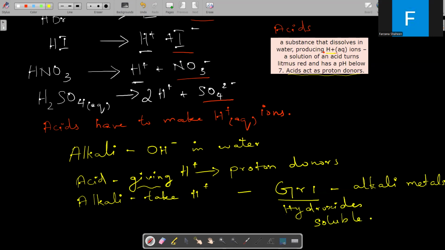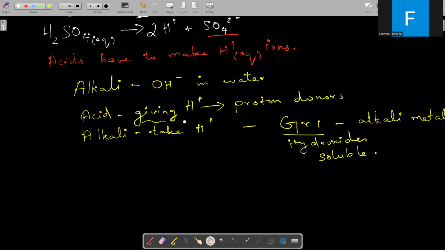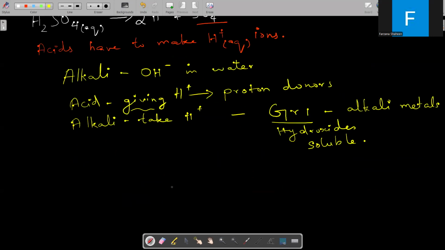Now, let me give you a few examples, like sodium hydroxide and potassium hydroxide. So what does potassium hydroxide ionize into? It gives K plus and OH minus.